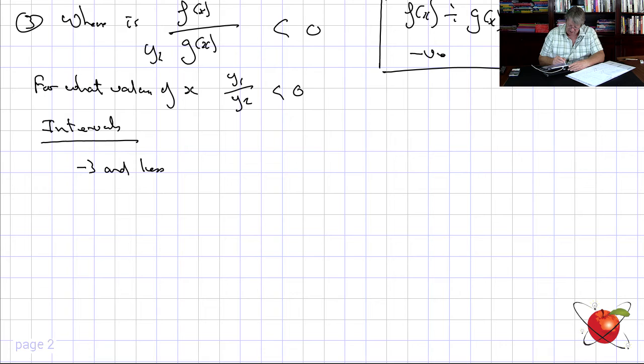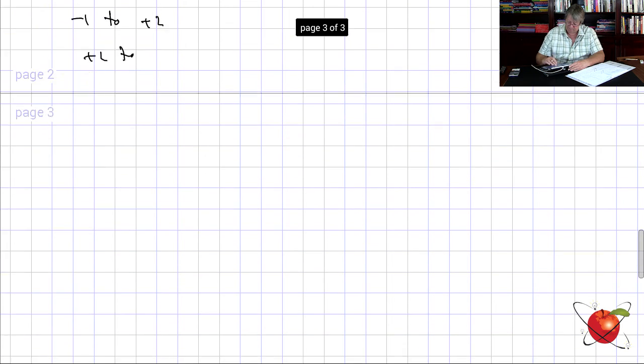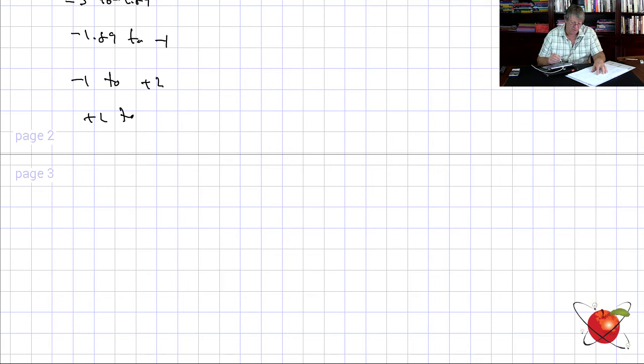Then -3 to -1.89, -1.89 to -1, then -1 to 2, 2 to 2.36, then 2.36 to 3, and then 3 and larger. Those are the intervals.